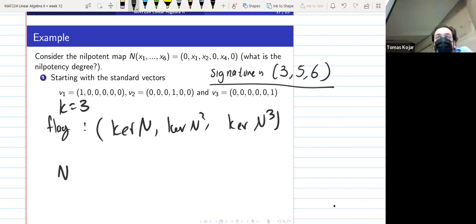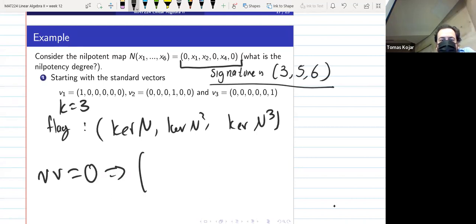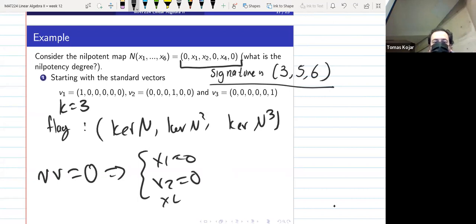Yeah, okay, actually I remember, you're right, it's brute force. So we have N of v equal to 0. Might as well just write the system. So I have x1 is 0, x2 is 0, x4 is 0. Then you have 3 free variables.